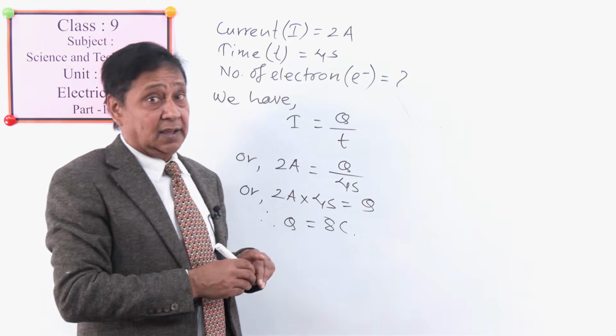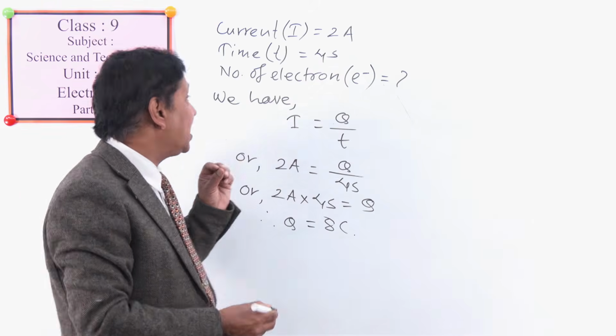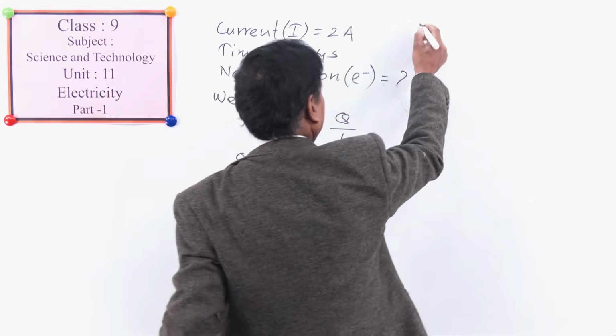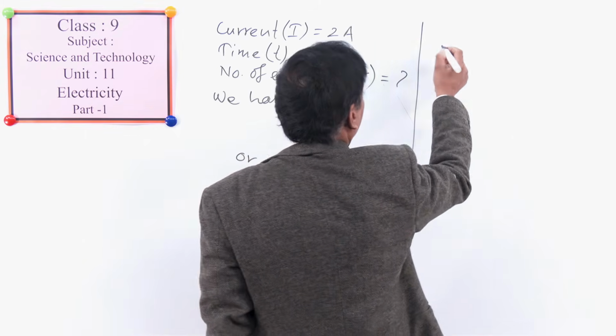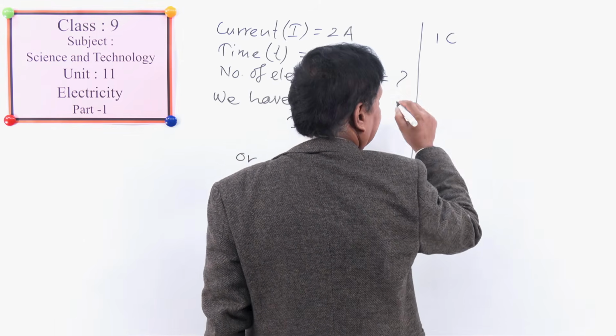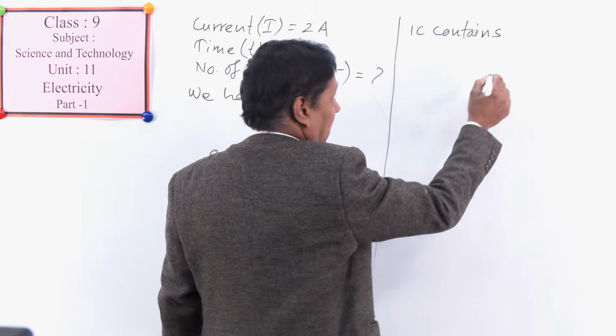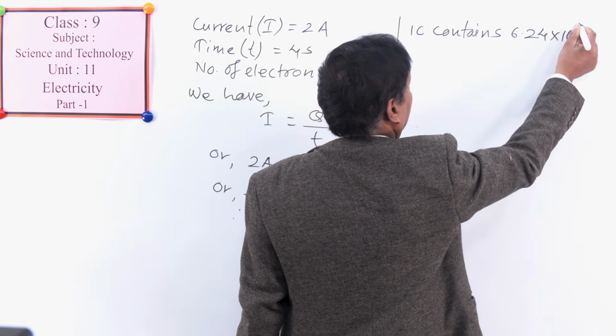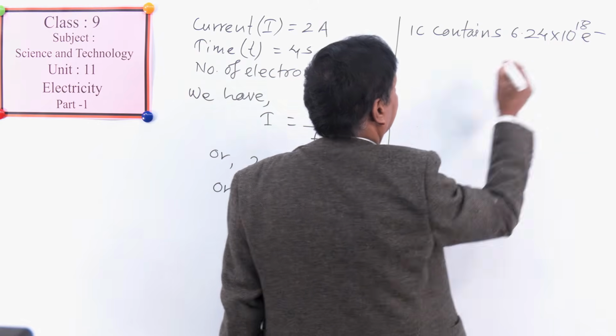Now this is our solution, but till now the number of electrons is not declared. That's why I can say this way: 1 coulomb charge contains 6.24 into 10 to the power 18 electrons.